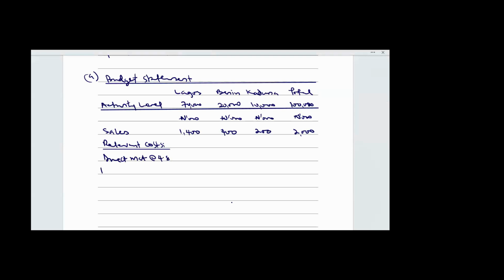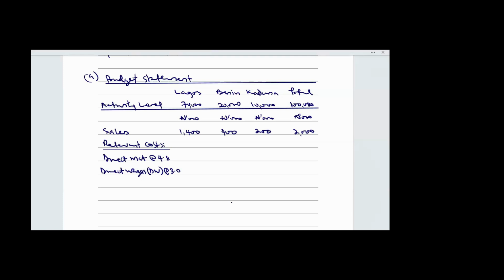We're also given direct wages, DW, because I'm going to need that DW for the next one. How much is direct wages? 3 naira. So at 3 naira.